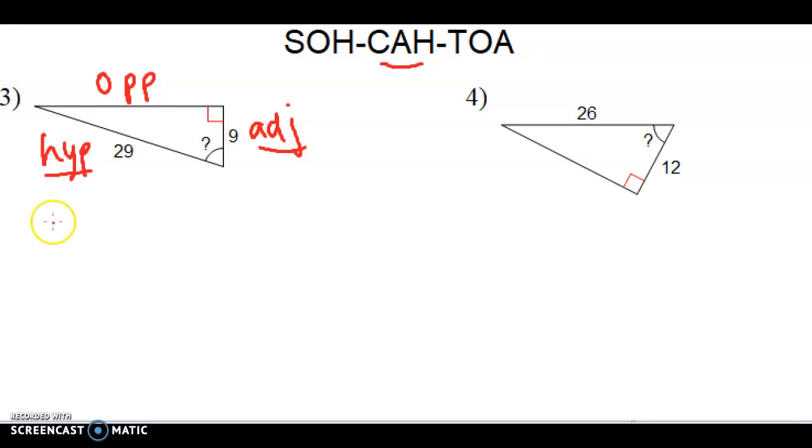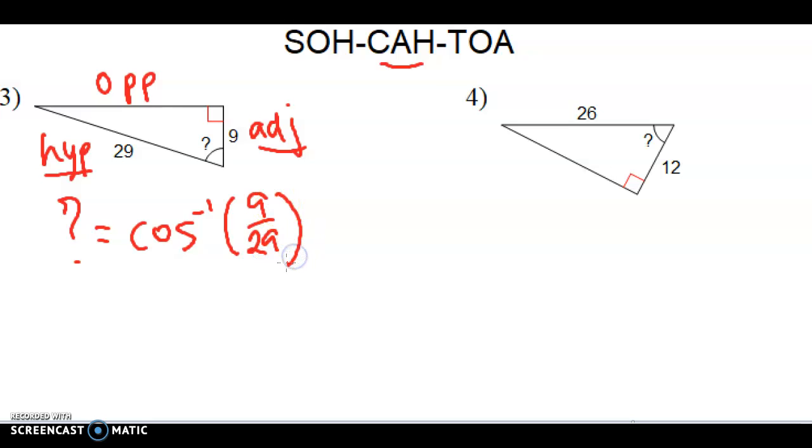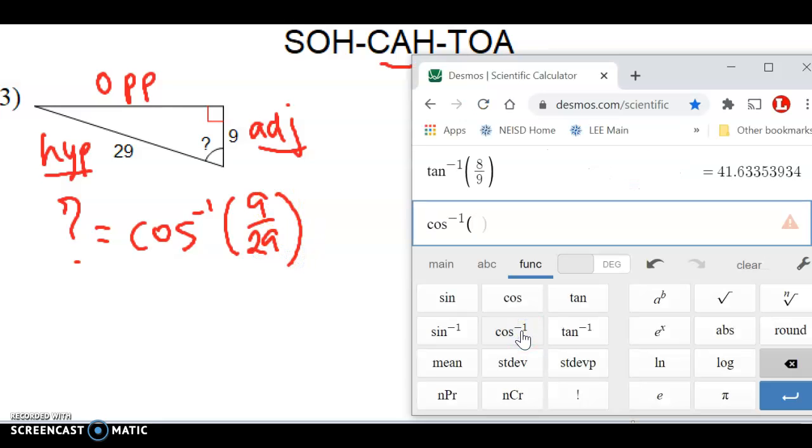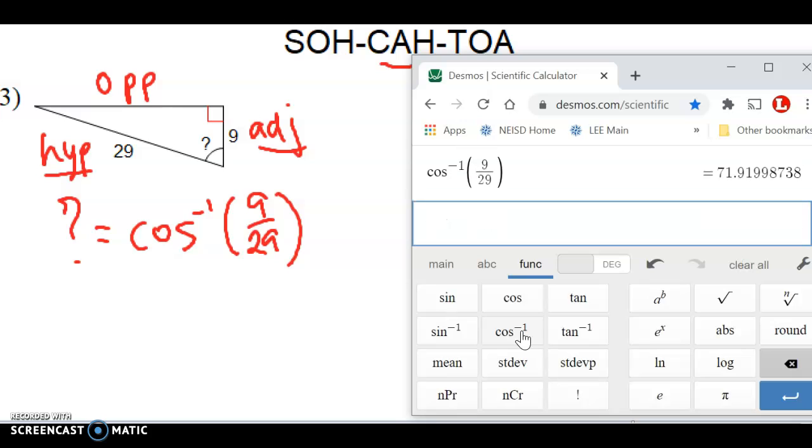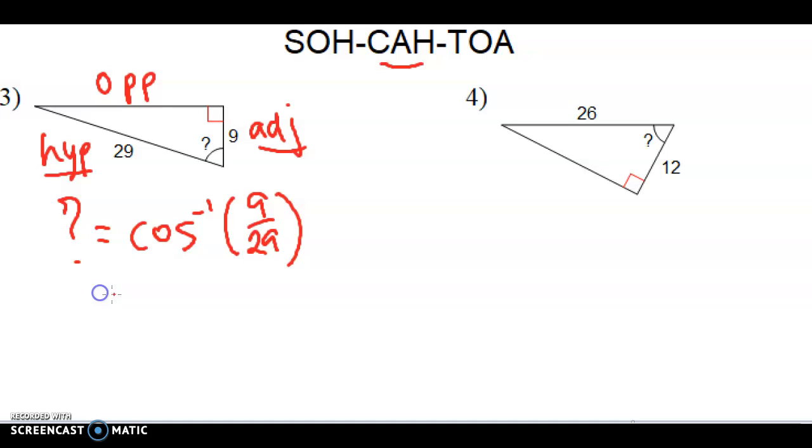So my angle would be inverse cosine of adjacent 9 divided by hypotenuse 29. So inverse cosine of 9 over 29 is 71.9, so let's round that to 72 degrees.